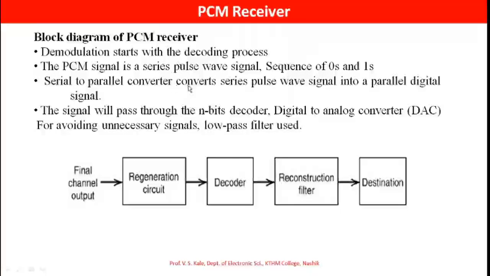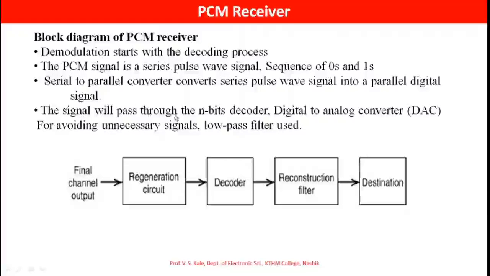A serial to parallel converter converts the serial pulse wave signal into a parallel digital signal. So the series of zeros and ones received at the receiver are to be converted into parallel digital bits. That is done by the serial to parallel converter.